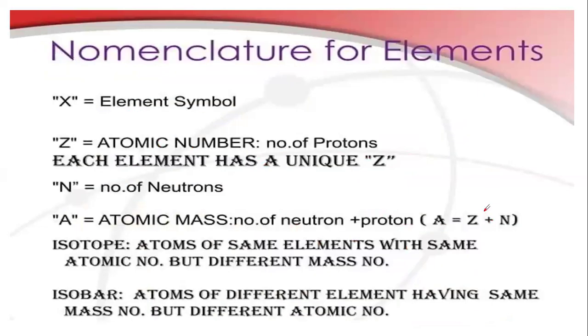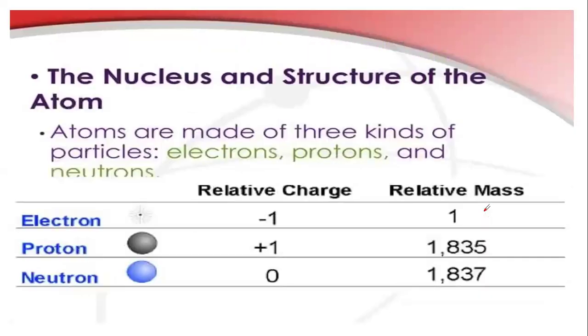And this is the exact thing I was explaining. Here I have the nucleus and the structure of the atom, where we have the relative charges and the relative mass. The electron has a relative charge of -1, the proton is +1, while a neutron has a relative charge of 0.